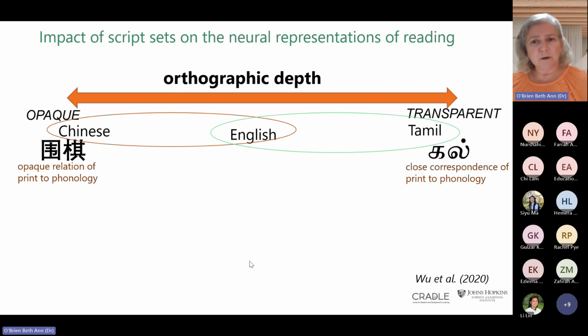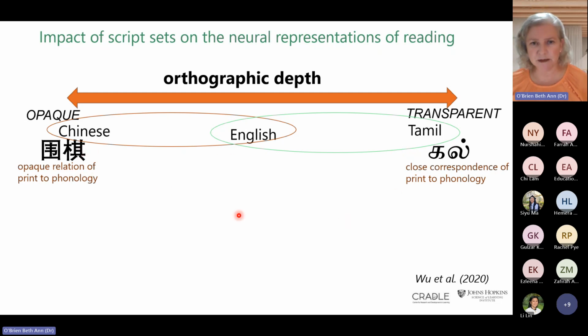Okay. And so in a study that we've conducted, with colleagues here at Nanyang Technological University, along with some of our colleagues at Johns Hopkins, we actually observed differences in brain activity for bilinguals here in Singapore who know either two alphabetic scripts, so that would be English and the Tamil script, which is alphabetic, or English plus a non-alphabetic script, so English plus Chinese.